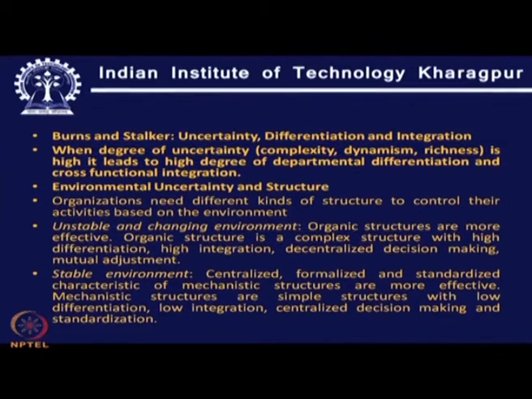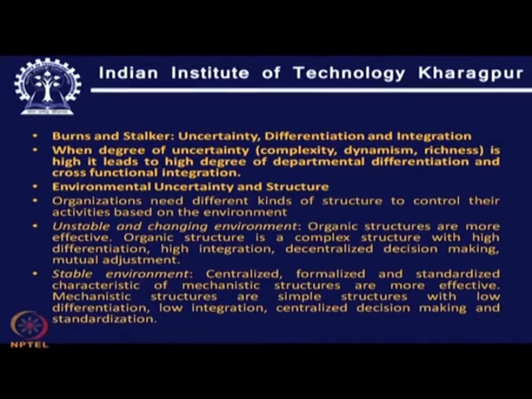Organizations need different kinds of structure to control their activities based on the environment. In an unstable and changing environment, organizational structures are more organic in nature. So an organic structure is a complex structure with high differentiation, high integration, decentralized decision making and mutual adjustment.